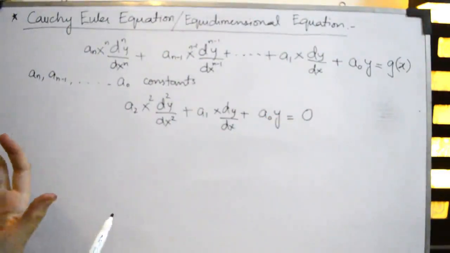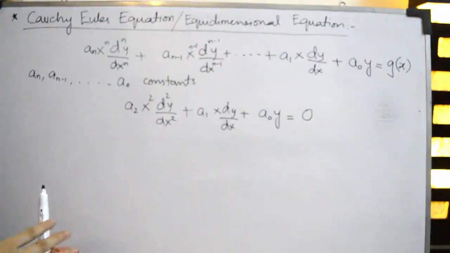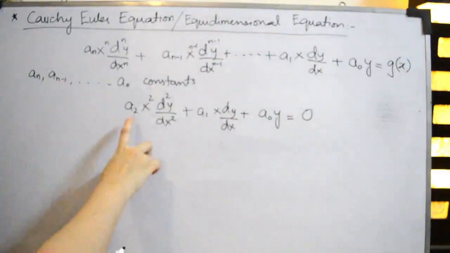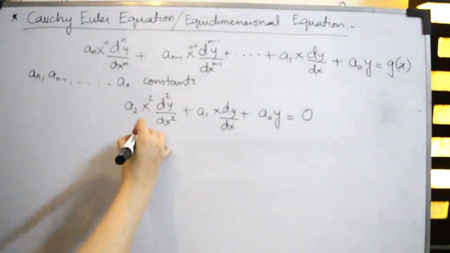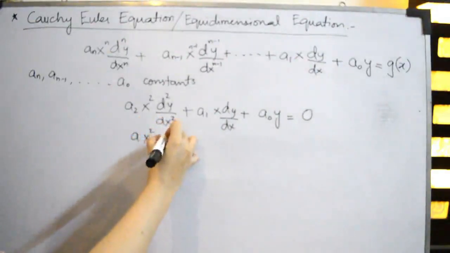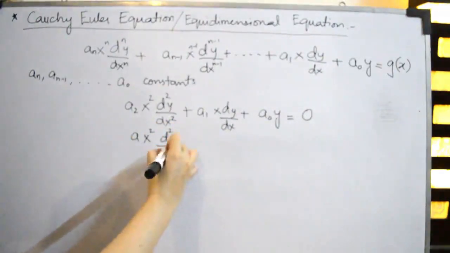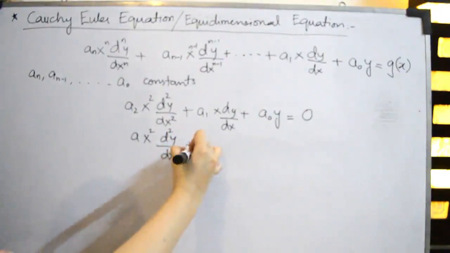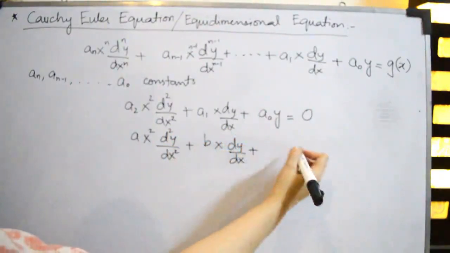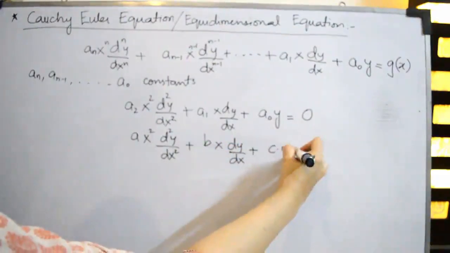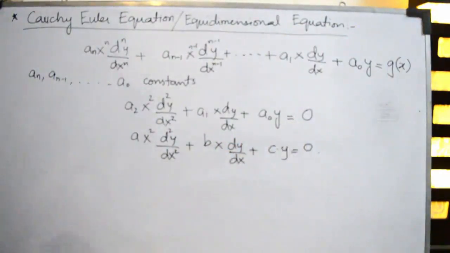This is the standard form, and since these are constants, I will represent them as a, b and c. So I am writing it as a x^2 d^2y/dx^2 + b x dy/dx + c y = 0. This is the second order Cauchy Euler equation.